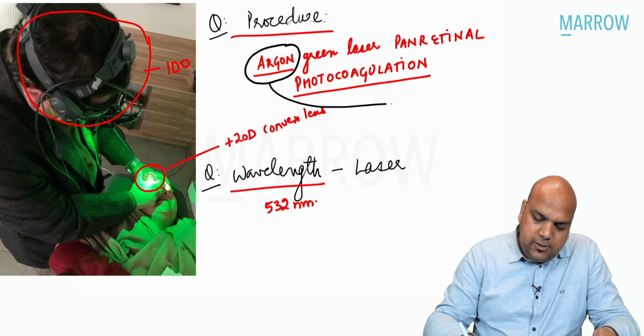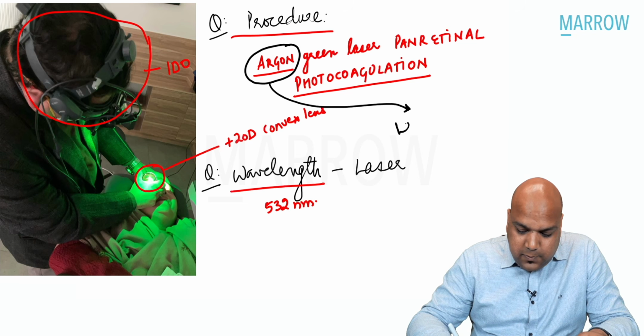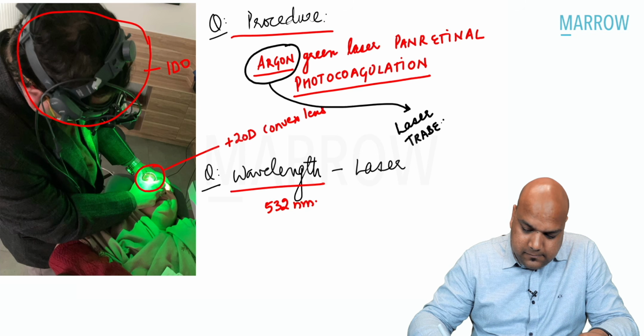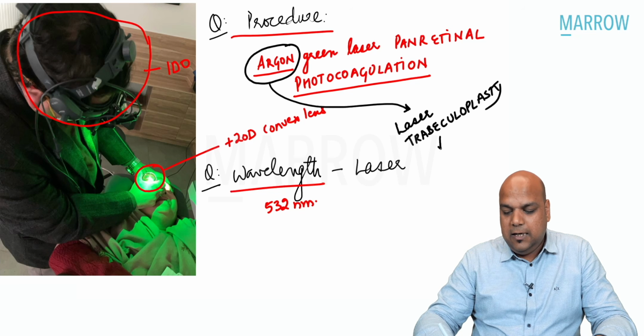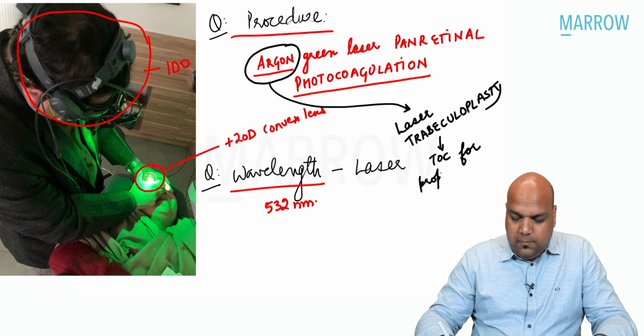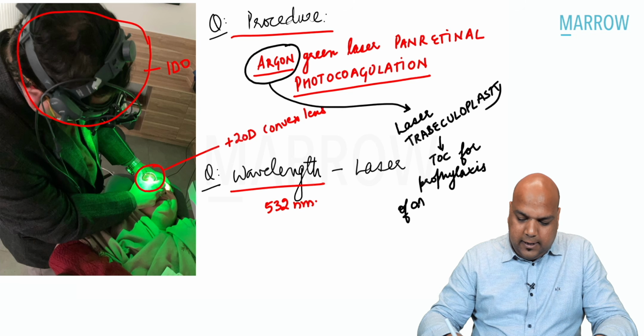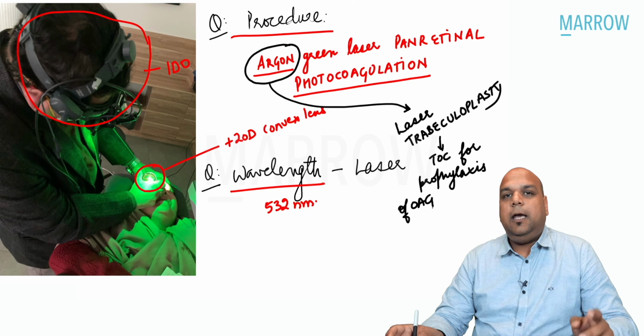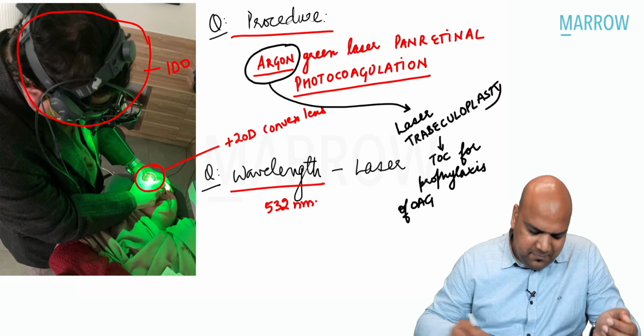It is used to perform laser trabeculoplasty. Laser trabeculoplasty, if you remember, is the treatment of choice for prophylaxis of open angle glaucoma in the other eye. I hope you remember this. Right, guys? Done?